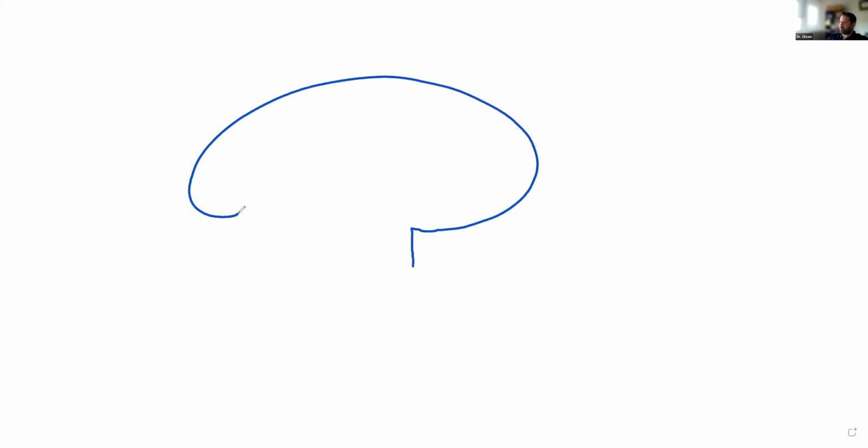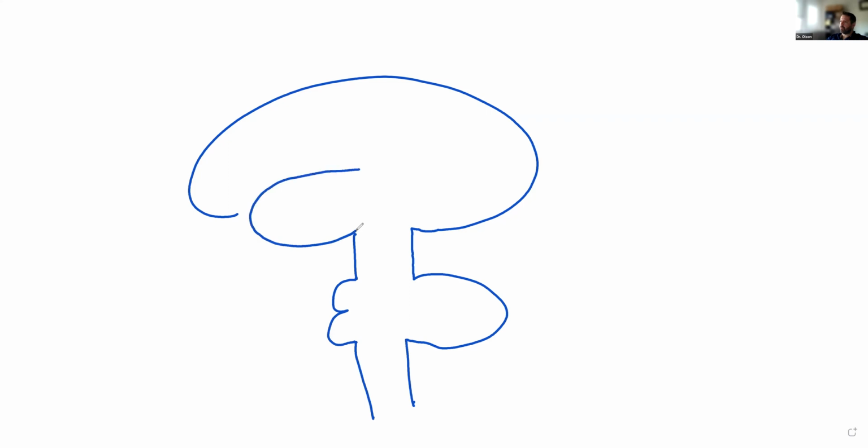Next thing I'd like to talk about, sort of how we divide the brain. So let's just sort of do a generic lateral view of the brain, and so midbrain, pons, medulla, spinal column.